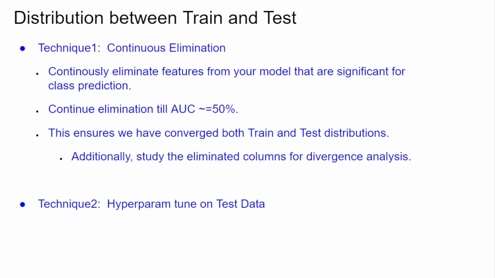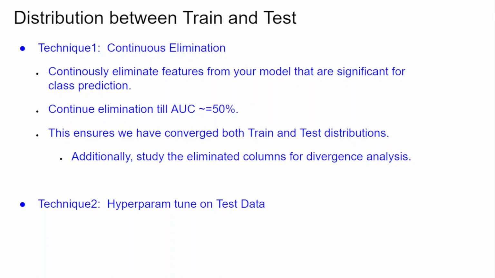All right? The second technique we can also employ to manage these train test distribution divergences is to hyperparameter tune on test data. This is a bit delicate topic. I would not recommend it on the first go. But this is one strategy that you should always have in your arsenal, which is literally very counterintuitive to say, look, I have a model that I chose.